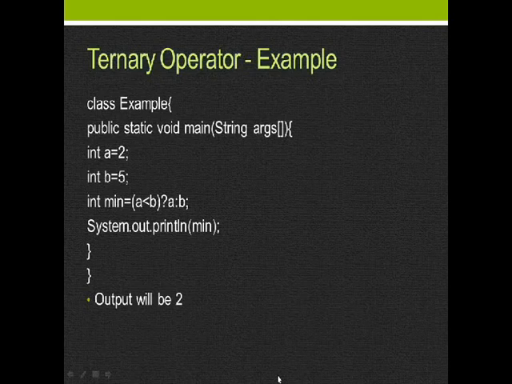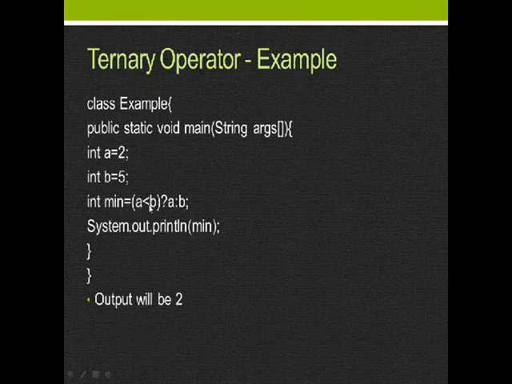Now let us see the ternary operator. What is it? It is actually like C. Now this is an example, the class is Example. We have assigned int a equals 2, int b equals 5, and we defined a variable min, min equals a less than b.